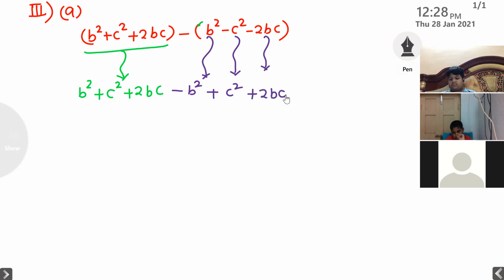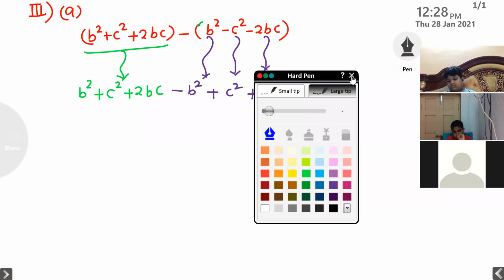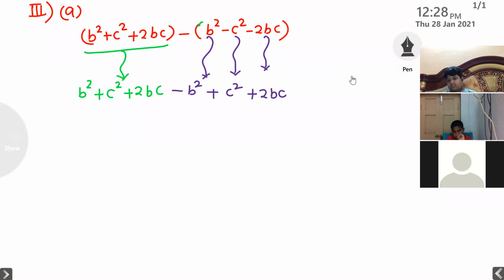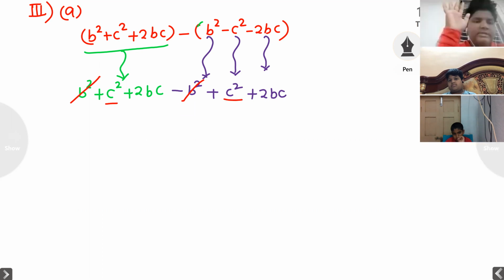Now I have to check like terms and unlike terms. Plus b square minus b square, I cancelled. Next, c square is here, 1c square is here. It means c square plus c square is 2c square.